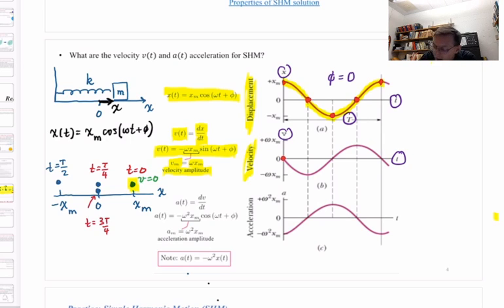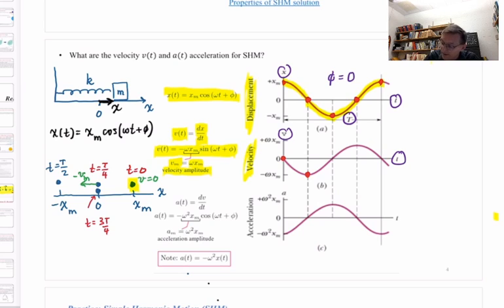At t equal to 1/4 of a period, where x was at 0, what's v? Negative omega x max, negative v max. So the velocity is to the left at negative v max. That's the fastest it's going to the left.